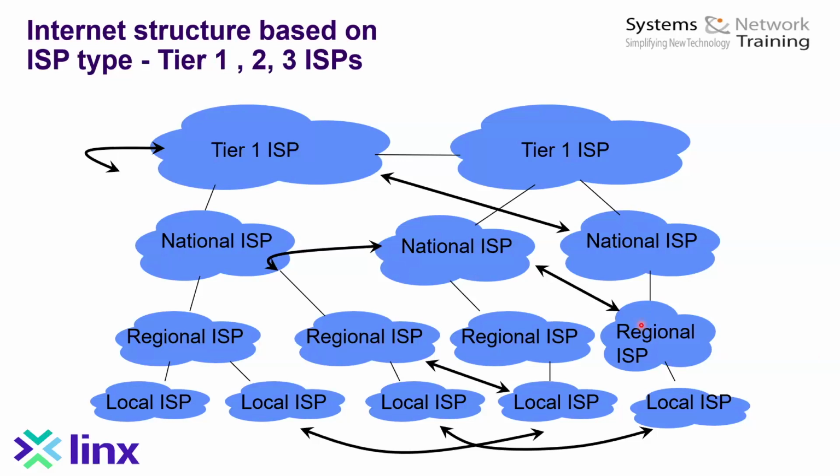Often they'll have slower access speeds than the tier 1 providers, and they are always at least one router hop away from the actual backbone of the internet. So tier 2 providers need a transit relationship to a tier 1 to get access to the backbone of the internet.